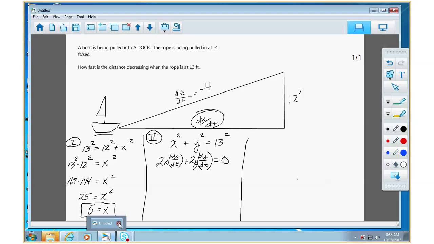I'm sorry. I'm supposed to get dz/dt. Oh well. Where did I go wrong? Oh, well, I got my notes here. So I'm supposed to plug in a -4 for dy/dt. I don't know why I got that as dy/dt.